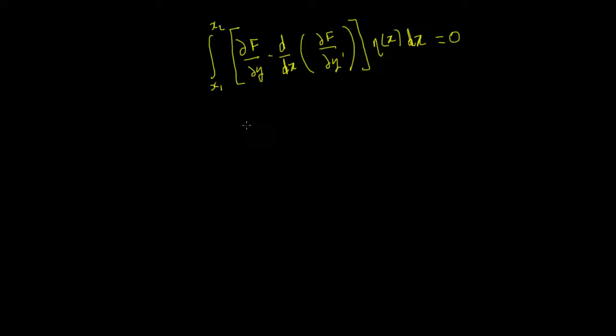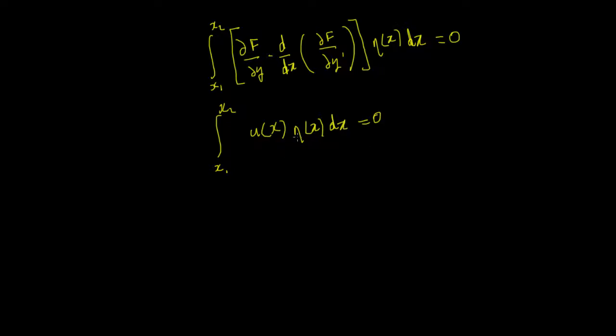Now it might appear that that's obvious, because we could write that as the integral from x1 to x2, and if we replace this whole thing with just a function, we'll call it u of x, times beta of x dx equals 0.